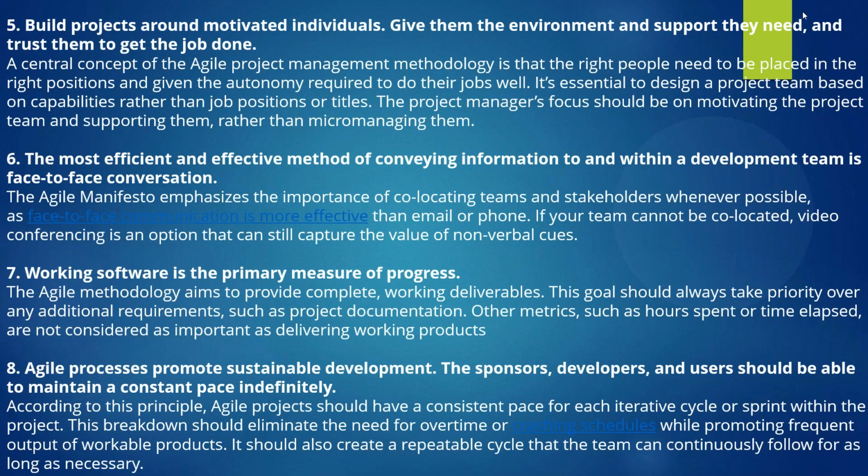So the most effective and efficient way of conveying information is face to face, whether you are communicating problems or good things. That's why in Agile there is a daily stand up meeting. In the daily stand up meeting, in a minute you have to say what you have done, what you are going to do today, and if you have any problems. That is your day to day activities, and you communicate it in the daily stand up: these are the things I did yesterday, and these are the problems I am facing to complete this task.